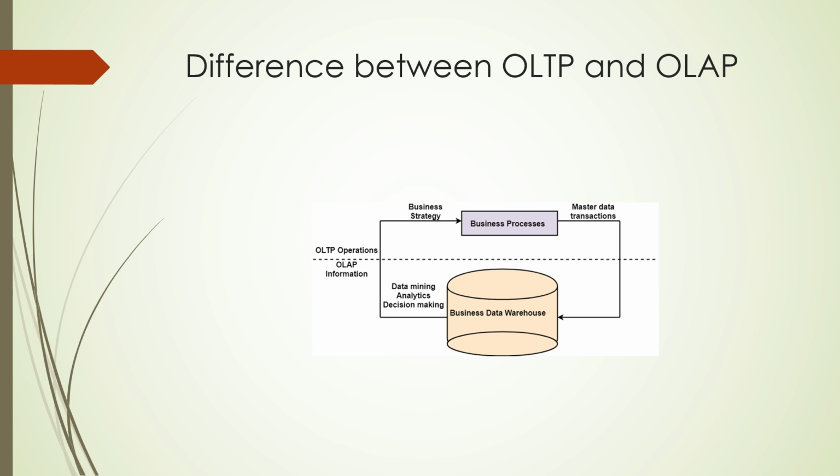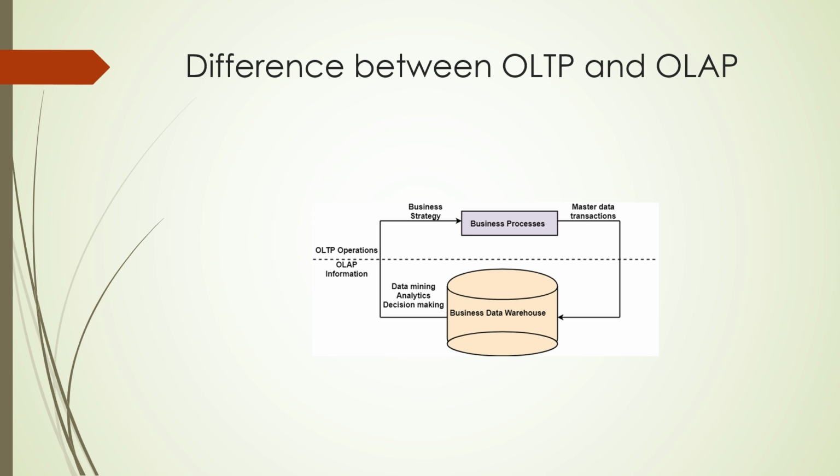Whereas the OLAP system has multiple versions of the database schema due to the evolutionary process of any organization. Then access pattern: the OLTP system consists primarily of short atomic transactions, so the system needs concurrency control and recovery techniques. The access in an OLAP system is mostly read-only operations because the data warehouse stores the historical information.